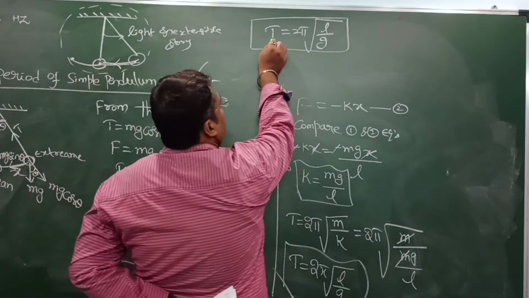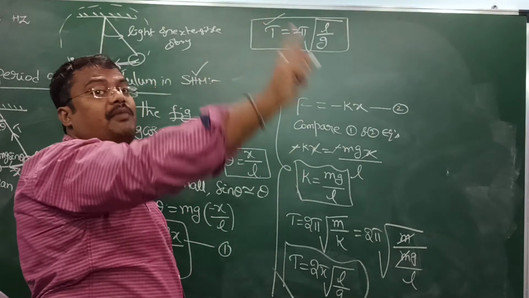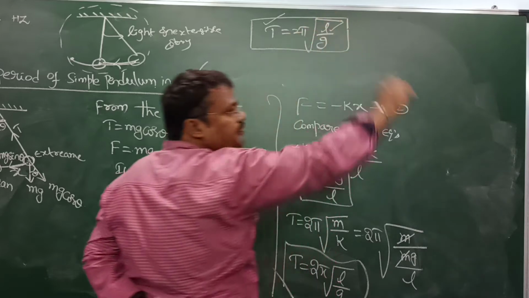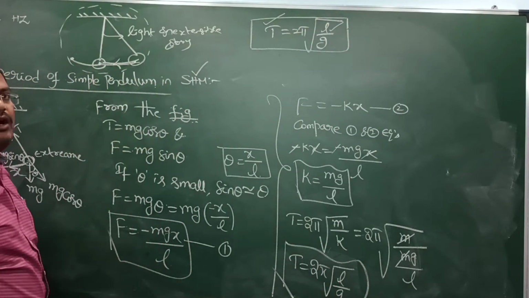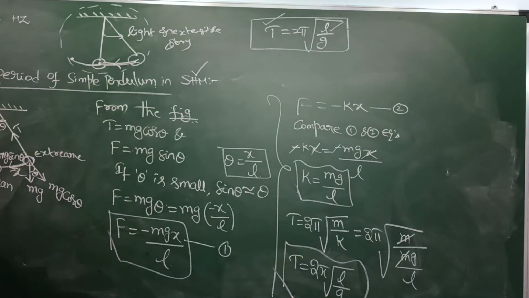We found that the time period of a simple pendulum does not depend on the mass of the bob, it depends only on the length of the string. That's how to remember. So this is the first main formula to find the time period of a simple pendulum in simple harmonic motion.